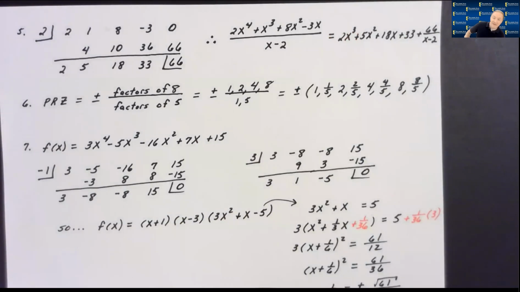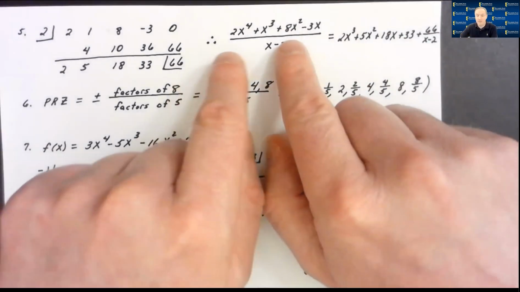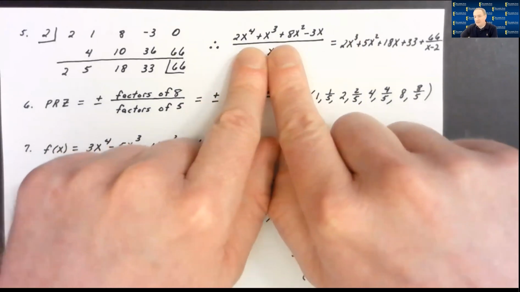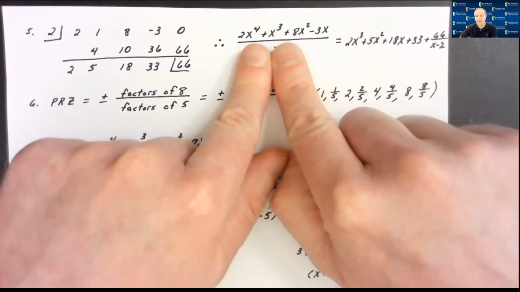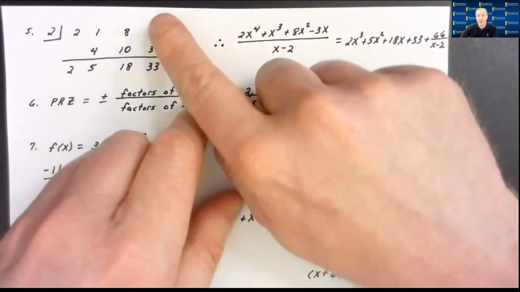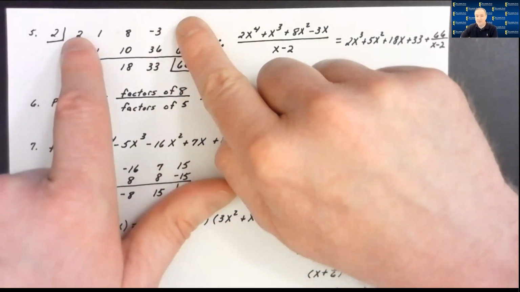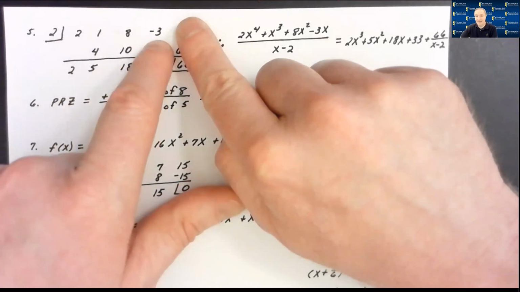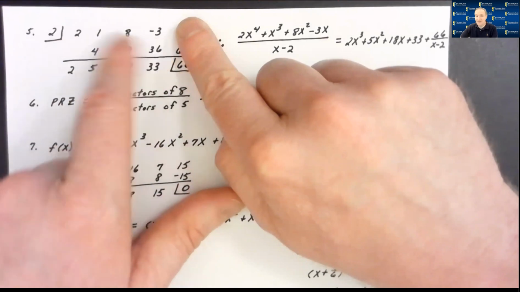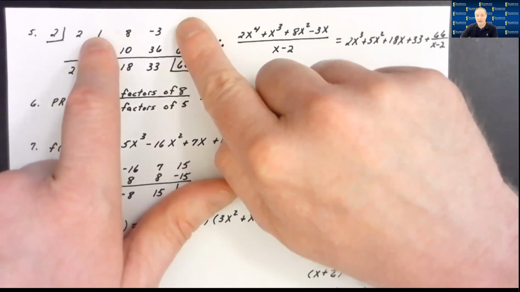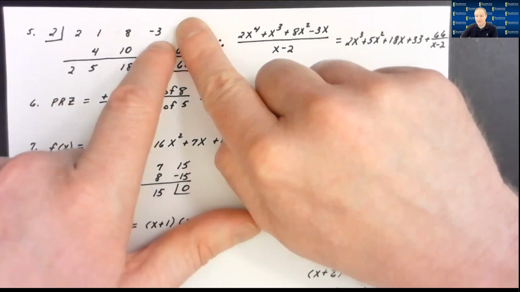If there's any missing term in these problems, you have to put it in the synthetic division. And the thing about this one that's tricky is someone might say, hey, there's not a missing term of x. Well, I promise you, if you just try to use synthetic division with the coefficients 2, 1, 8, and negative 3, it's going to treat that as 2x cubed plus 1x squared plus 8x minus 3.